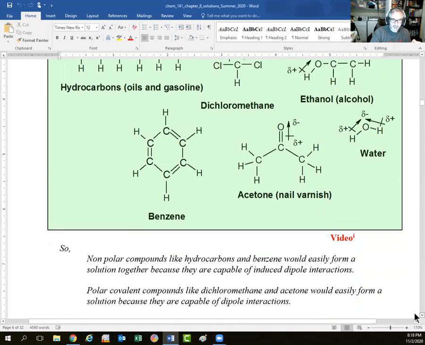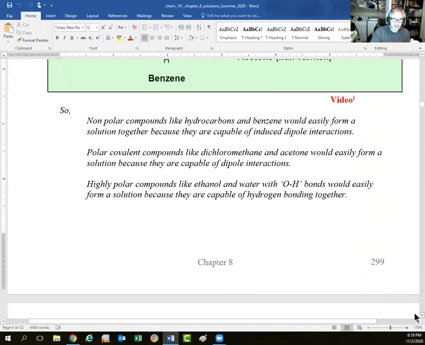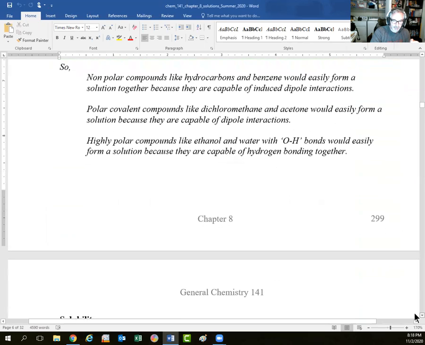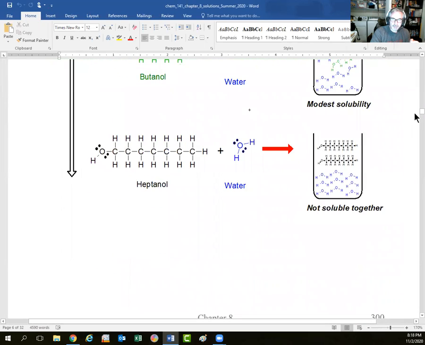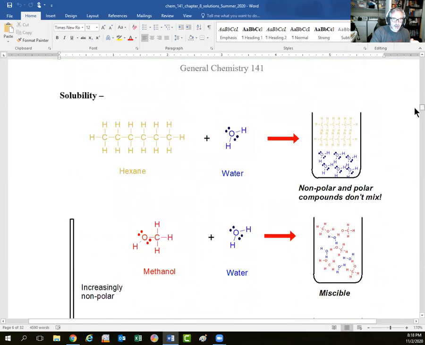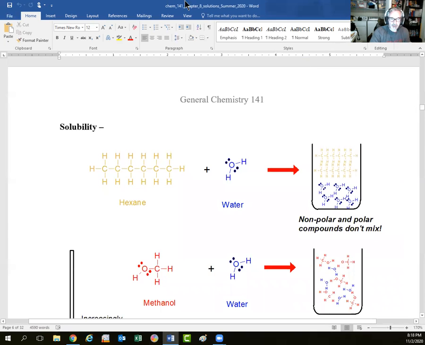So a couple of example questions from previous exams. If we imagine the chemicals from that previous graph combining together, hexane with water. Now hexane is purely non-polar because it just has carbon to carbon and carbon to hydrogen bonds.